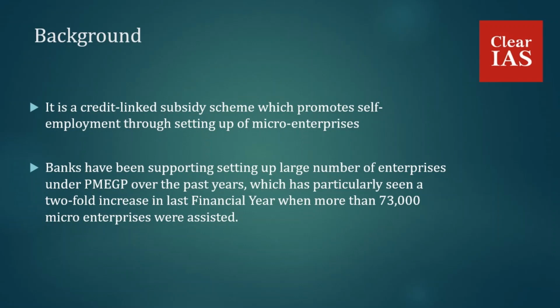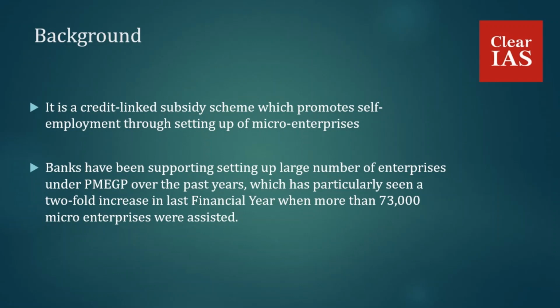That is the basic idea of the scheme, and banks have been supporting the setting up of a large number of enterprises under PMEGP over past years, which has particularly seen a twofold increase in the last financial year, when more than 73,000 micro enterprises were assisted by the program. So that is the background about this scheme.